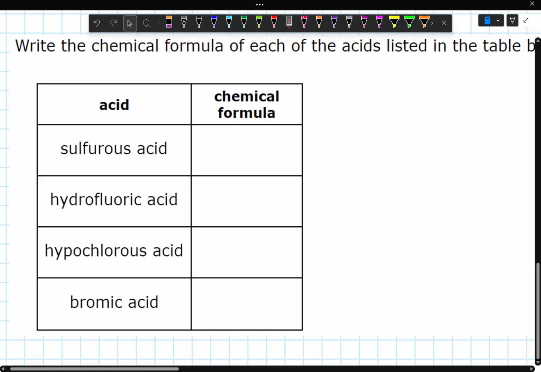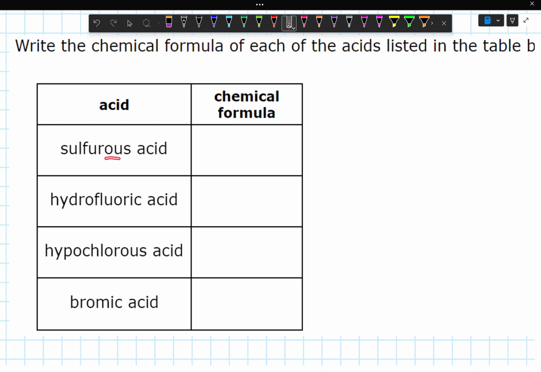So let's work through this one. We have sulfurous acid. So we know that OUS is going to be an ITE, right? It's going to have an ITE suffix.